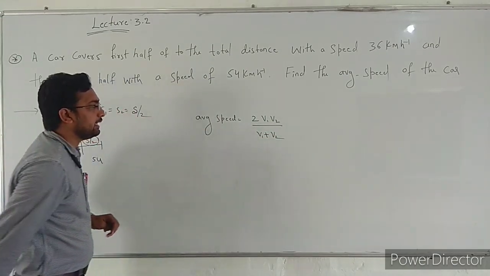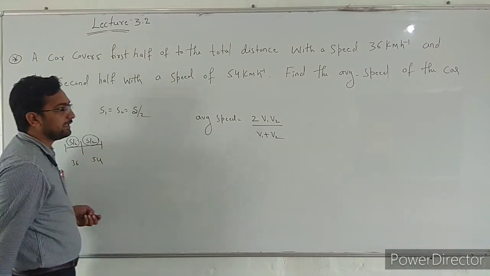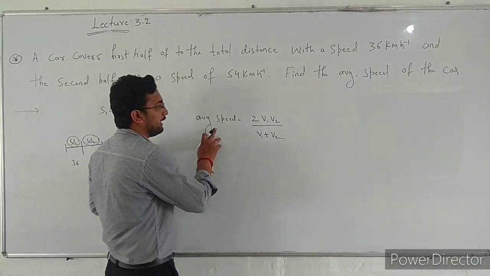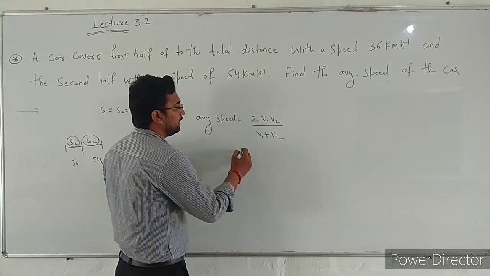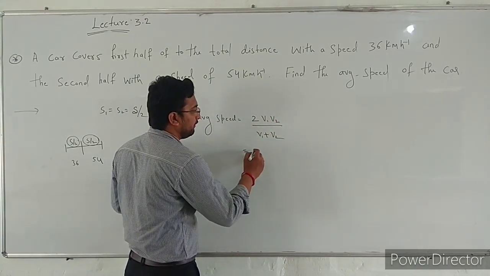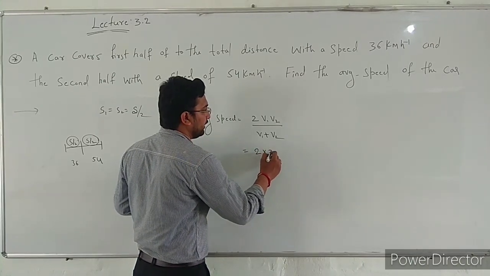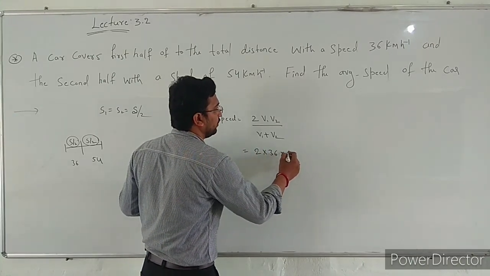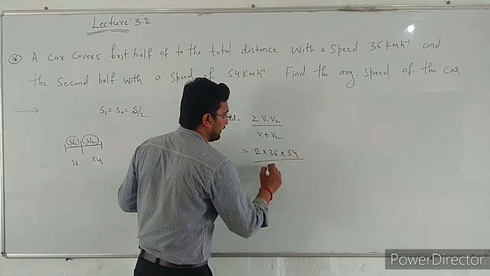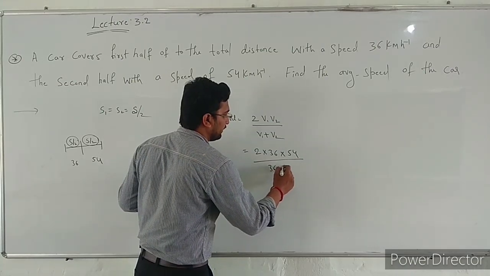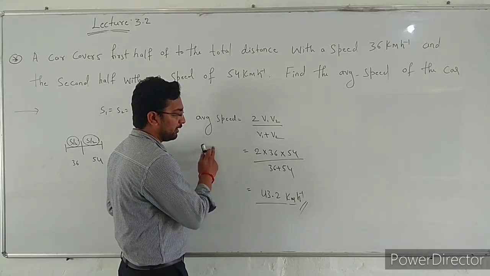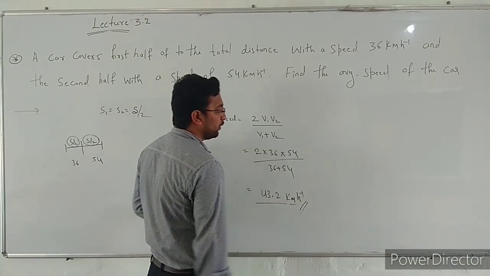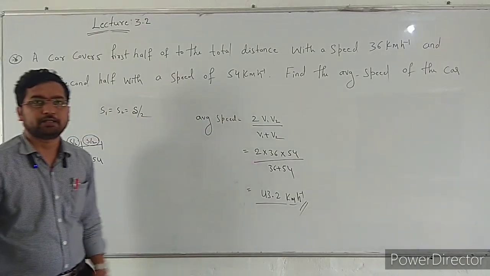Here the distances are the same and the body moves at different speeds V1 and V2. Substituting, 2 into 36 into 54 divided by 36 plus 54. Simplifying, the average speed is 43.2 km per hour.